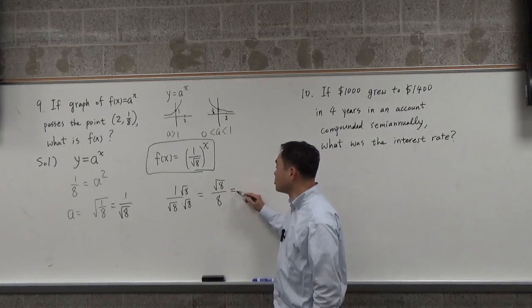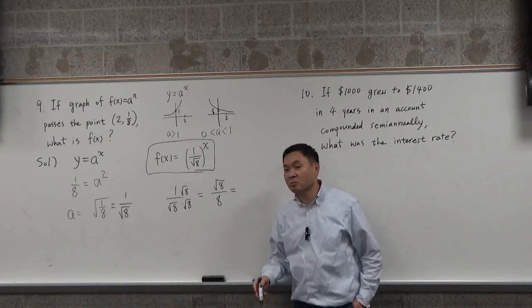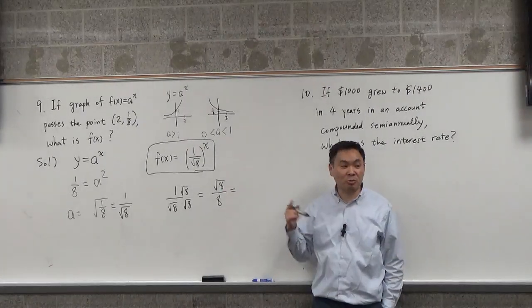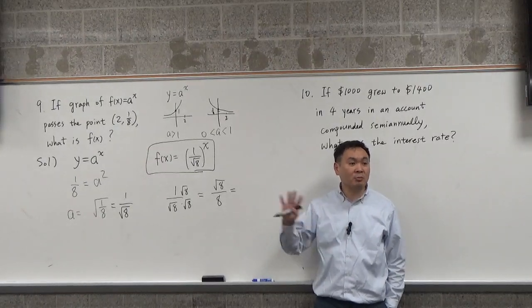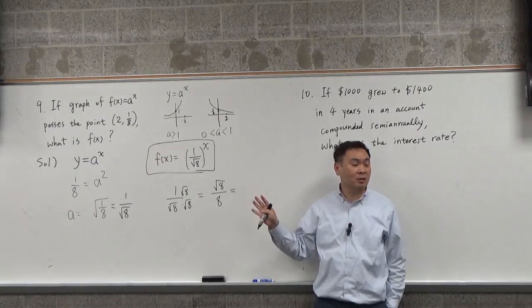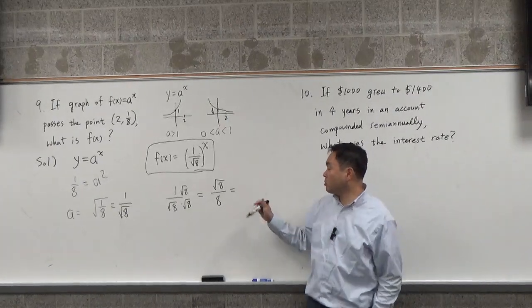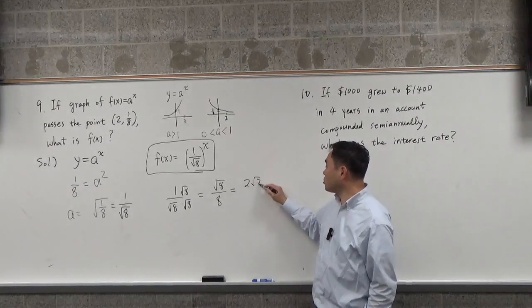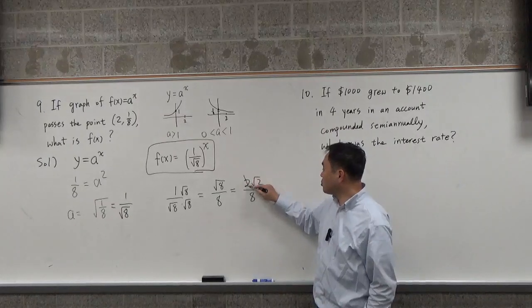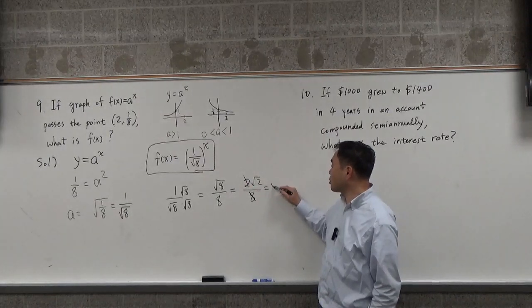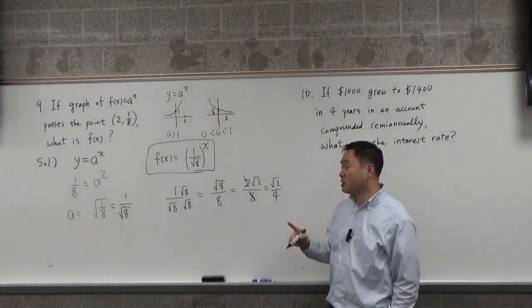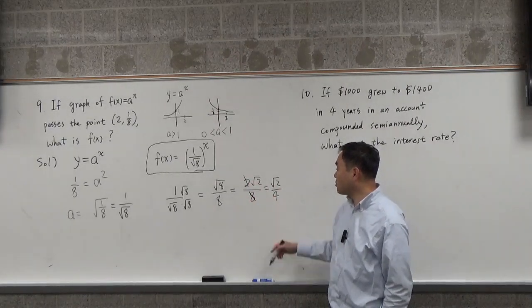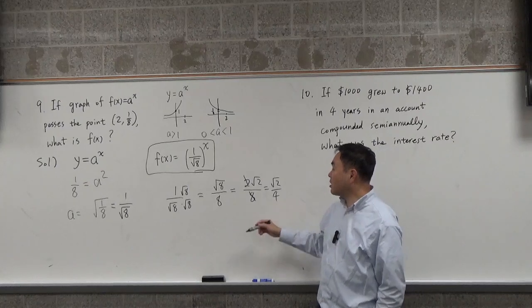Another thing you have to do is that if you have a square number inside the square root, you have to pull it out. So 8 is 4 times 2, right? 4 comes out as 2, so that's going to be 2 times radical 2 over 8. And you should reduce this so that it's square root of 2 over 4. Both 2 and 8 are divisible by 2, so you divide top and bottom by 2. So that's a better value.